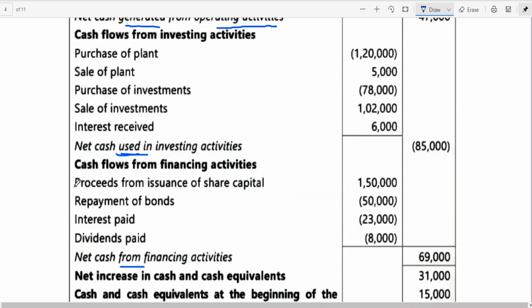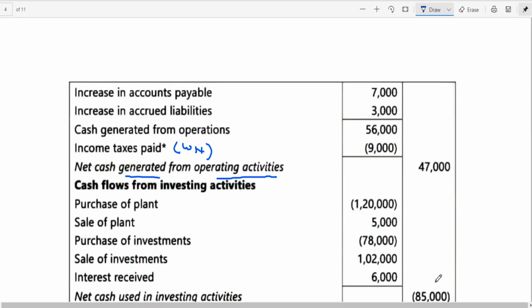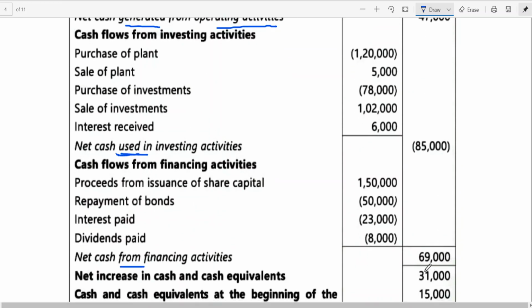Is this clear? If you look at it, 47,000 minus 85,000 plus 69,000. You can take the calculator and see this. Let me cross check also again, sometimes there may be a totaling mistake, generally it won't be there.